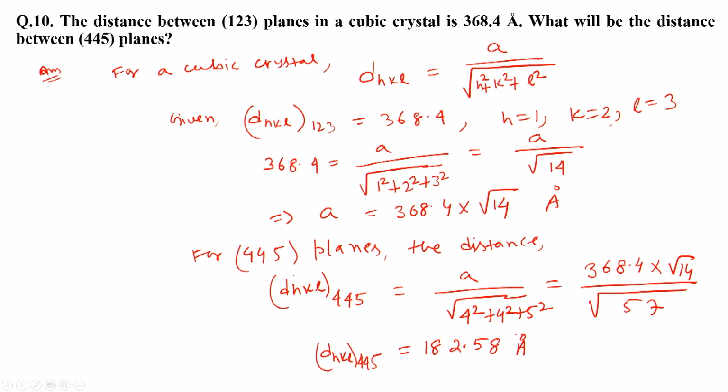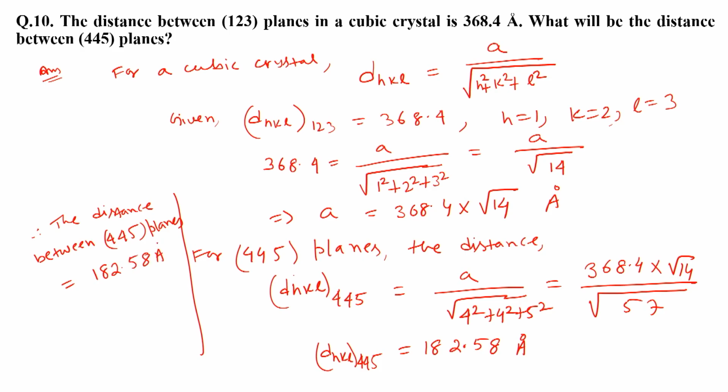Okay, so this is the distance. Therefore we can write the distance between 4, 4, 5 planes is 182.58 angstrom.